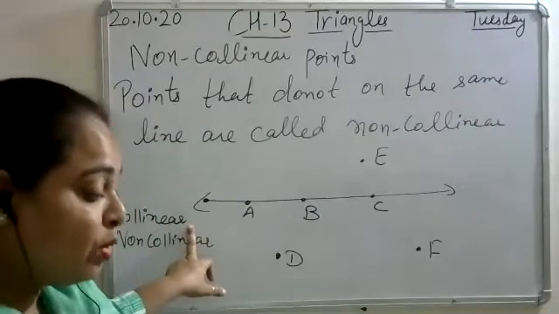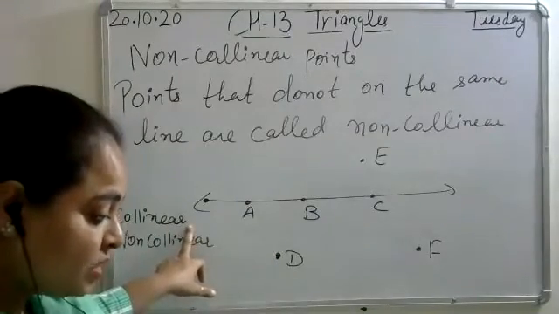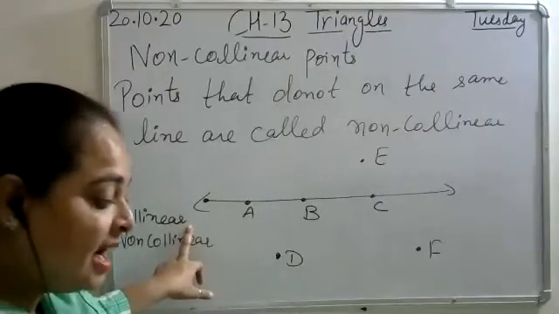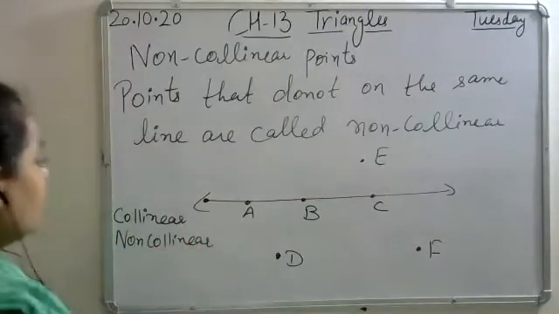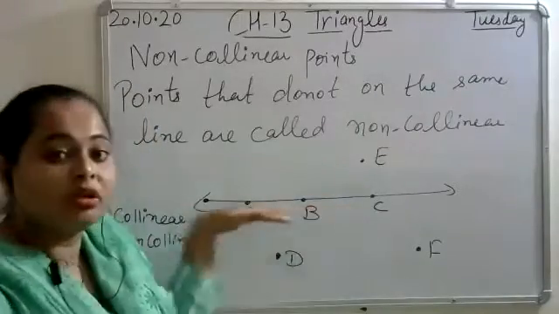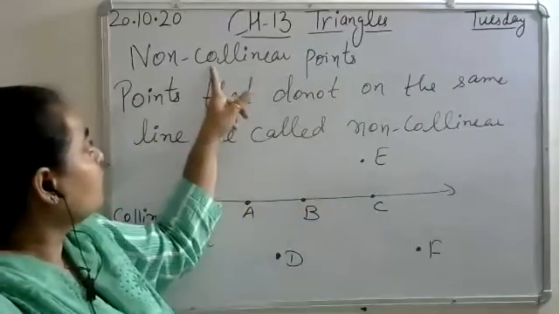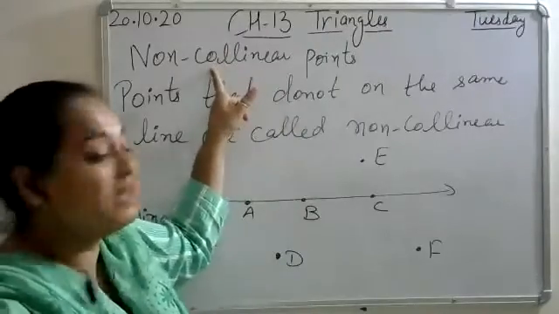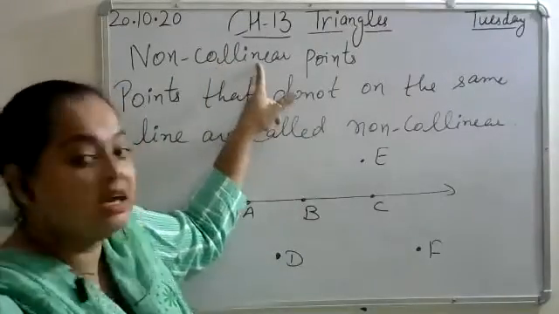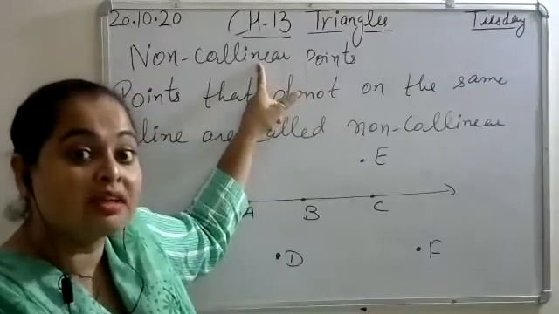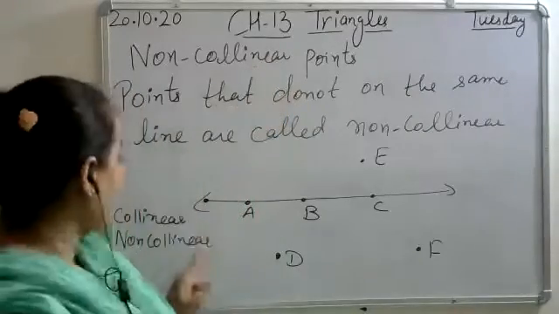Sia, very good. Sia's answer is correct. Collinear points are points that are on the same line. Apply the definition of collinear. Co means same, linear means line. So points on the same line are collinear.